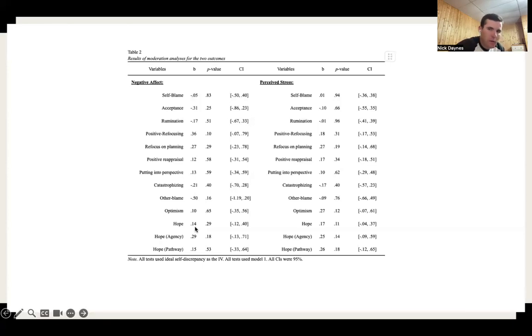But the p-value is what I want to talk about because none of those are below 0.05, which means there's a higher likelihood of a type 1 error, which means we can't accept it, which means I failed to support my hypotheses with this data, which stinks. That's not what we want in research, but that's how it works.